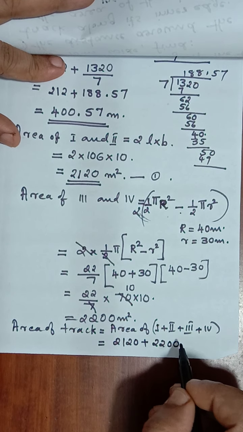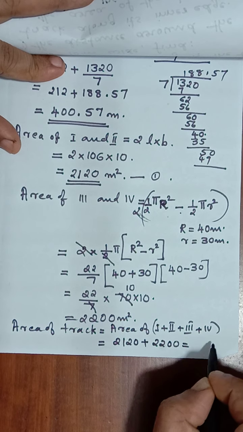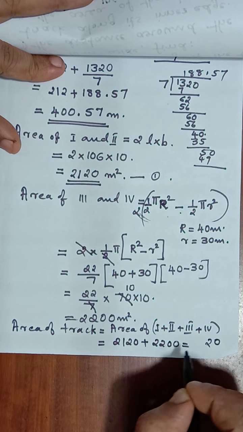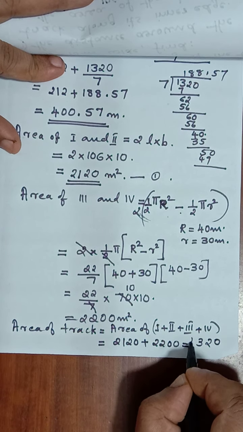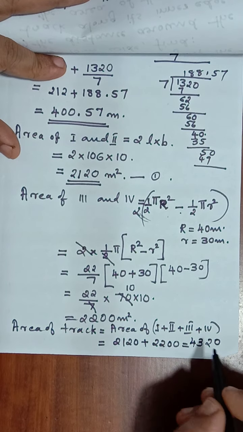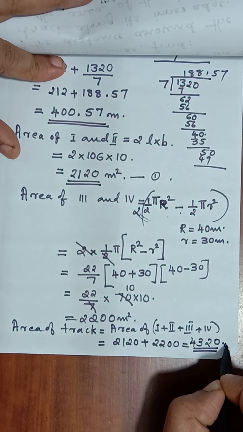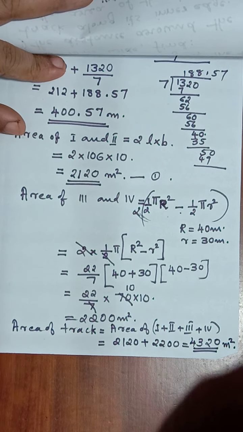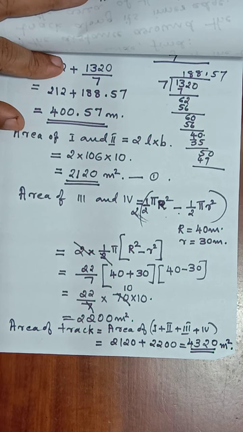Taking the total, we get 4320 area in meter square. Okay, hope you understood. Bye.